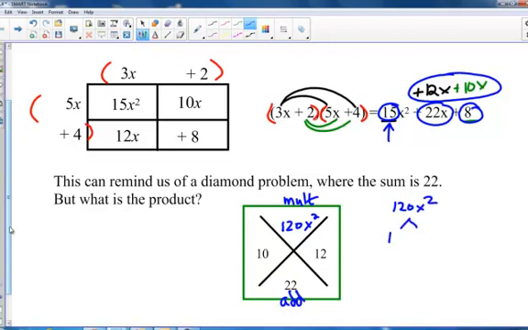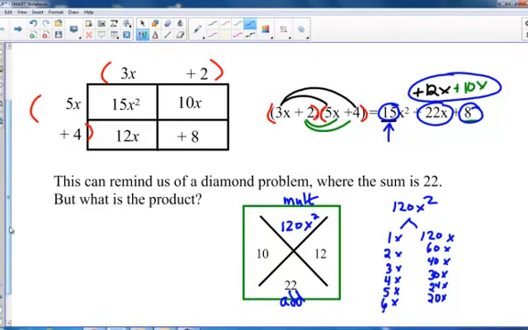And you can start your factor tree. 1 times 120. You can put the x's here, you can put them in later. 2 times 60. 3 times 40. 4 times 30. 5 times 24. 6 times 20. 7 doesn't go into it. 8 does not go into it.